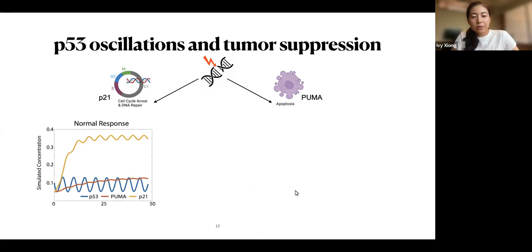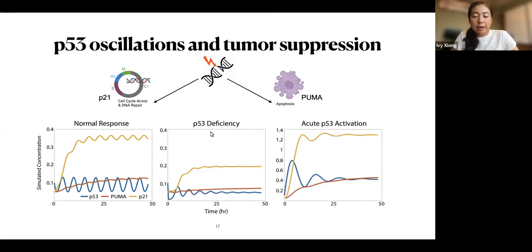We can also look at how responses other than the normal response would impact the 2 outcomes. For example, with P53 deficiency, we reduce the production of P53 by 1/2. We realize that it cannot induce P21 efficiently, and PUMA doesn't really accumulate.